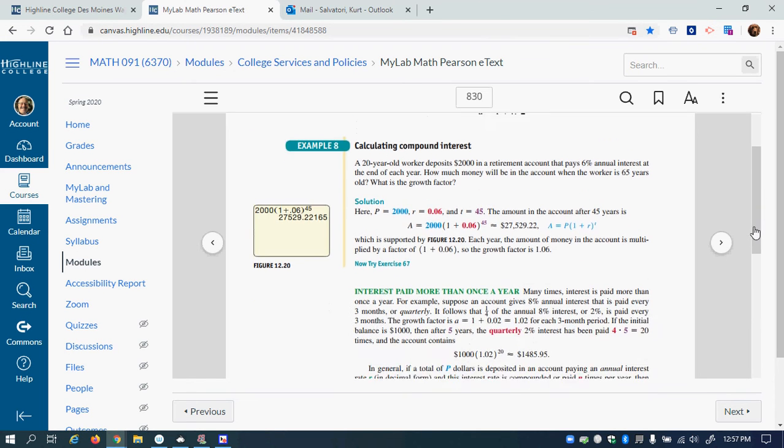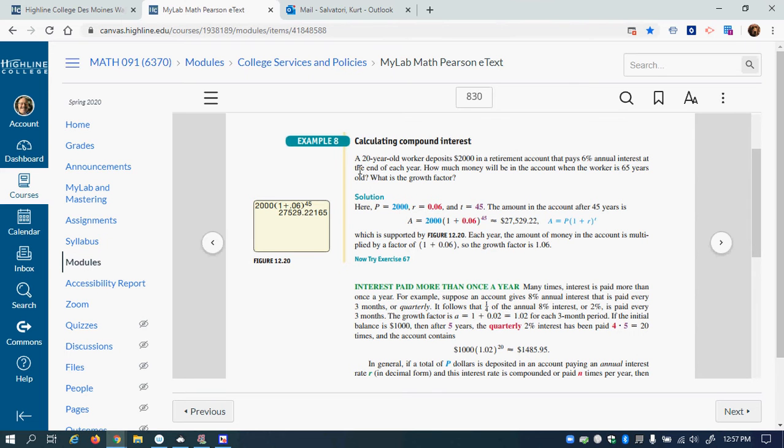Okay, so if we look at an example, here's a 20-year-old worker. He deposits $2,000 in a retirement account that pays 6% annual interest at the end of each year. They want to know how much money is in the account when he's 65 years old. What is the growth factor?